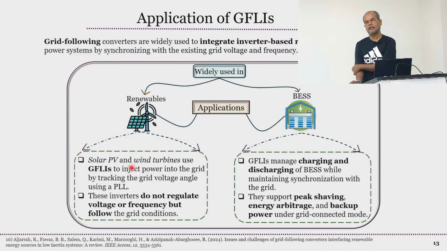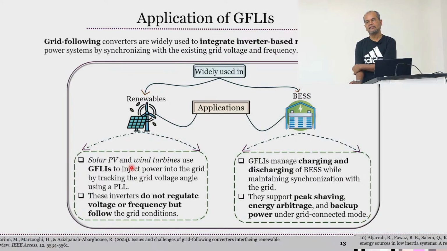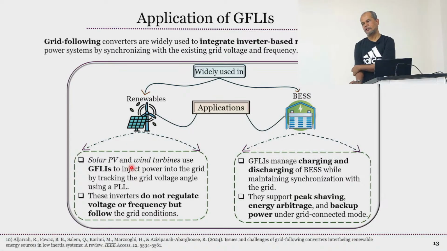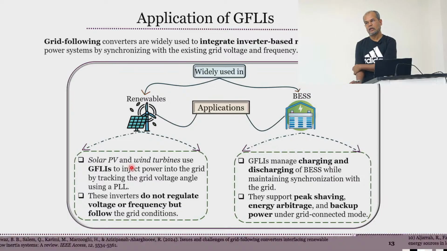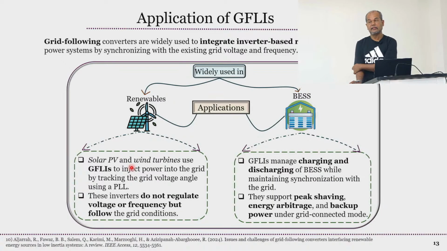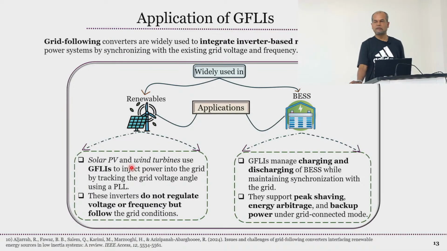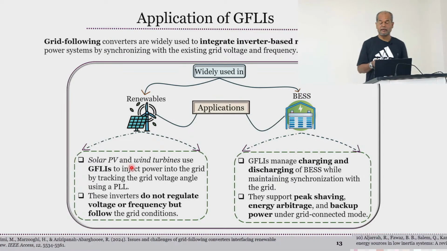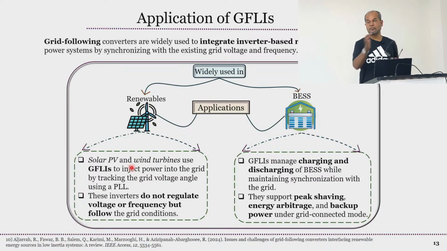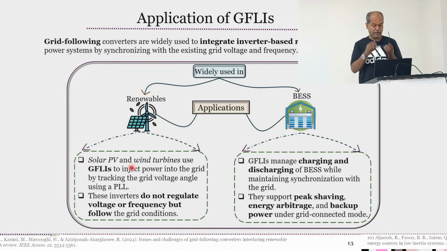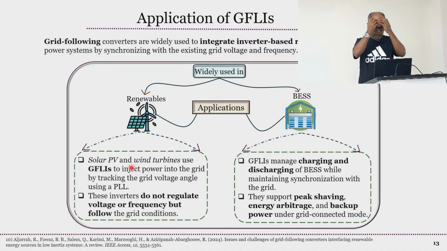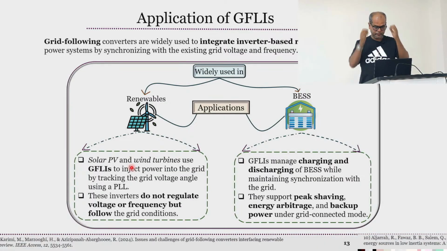I know in Australia, none of the photovoltaic systems or wind farms have got grid forming. Only some of the batteries have got grid forming. So far, the commercial ones are available only for batteries. But I'm not saying that it cannot be done for other devices. It can be done, but so far, that's the scenario.